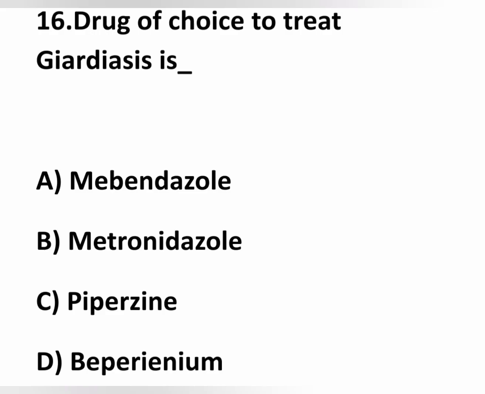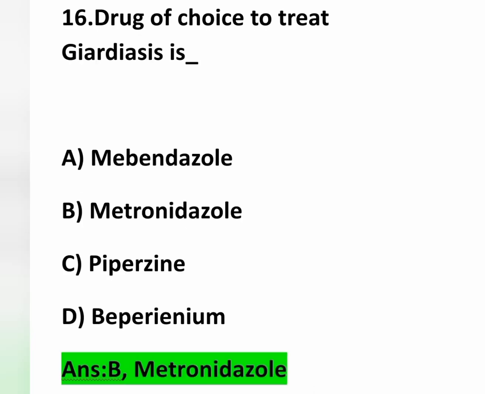Option B. The next question, drug of choice to treat giardiasis. Options are option A mebendazole, option B metronidazole, option C piperazine, option D bipenium. Drug of choice to treat giardiasis. Correct answer is option B metronidazole.